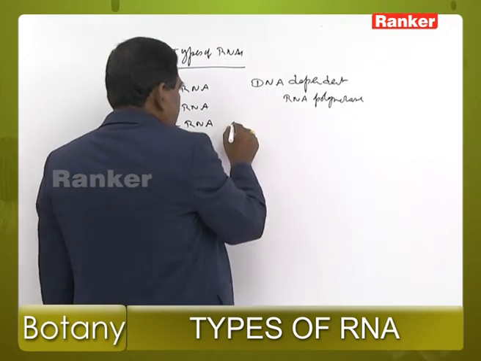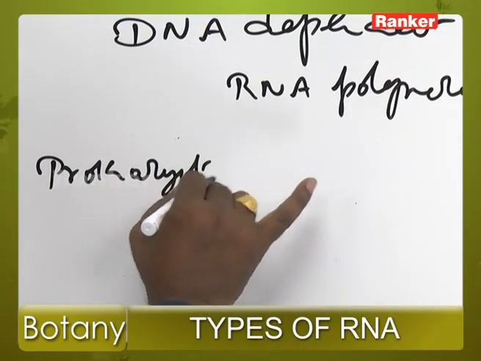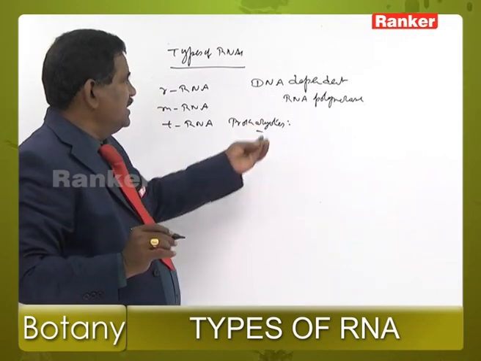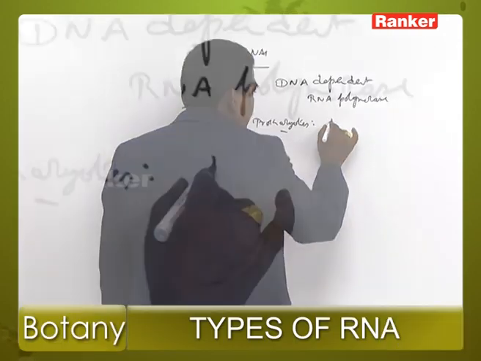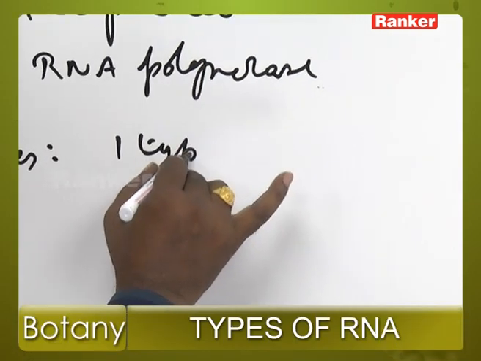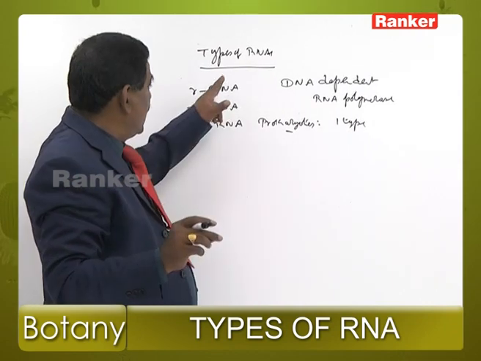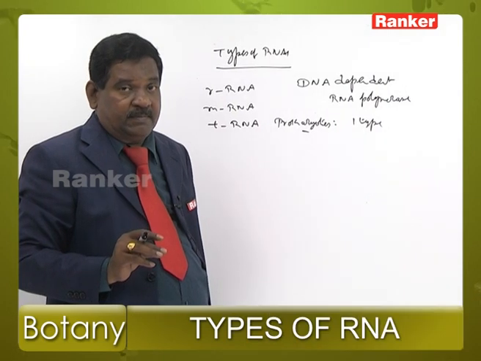In prokaryotes, there is only one type of DNA dependent RNA polymerase. Only one type of RNA polymerase synthesizes all types of RNAs in prokaryotes.